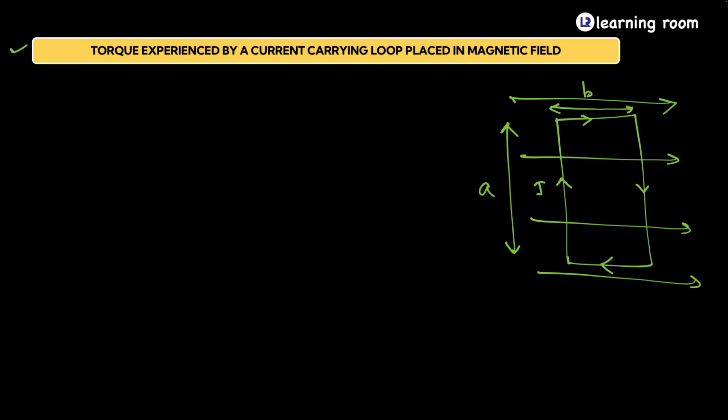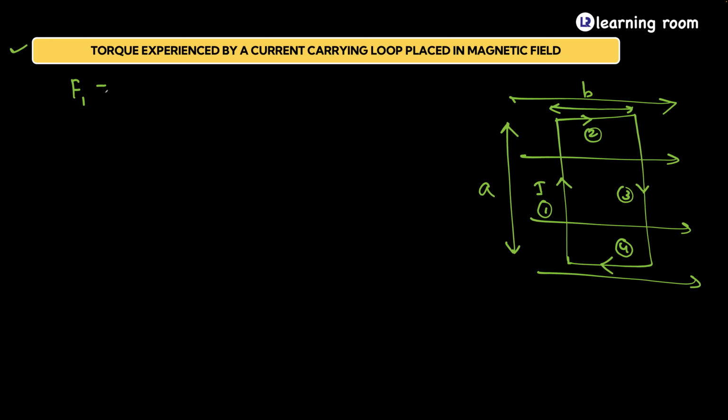This loop is formed as a combination of 4 conductors. If I take this to be the first conductor, this is second, this is third, and this is fourth. If I take them in this order, what is going to be the force experienced by the first conductor?